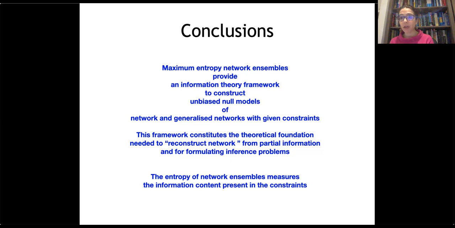This is a subject of research work that we are recently doing with Filippo Radicchi and other collaborators. So there are a lot of open questions, and I hope that this module is a nice introduction to this very lively research field.